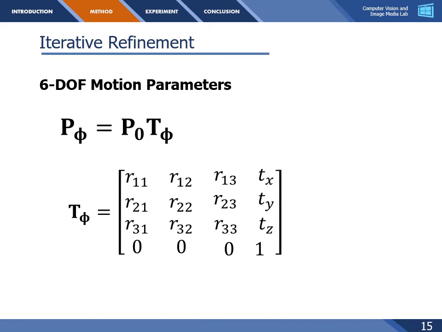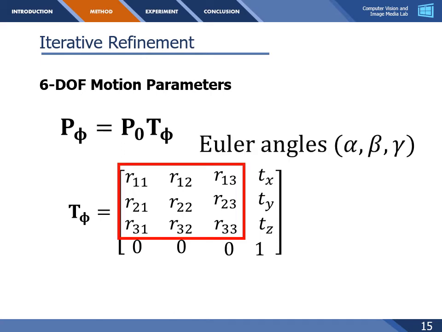The motion parameters consist of 6 degrees of freedom. T phi is the transformation matrix, which is right multiplied to the estimated projection matrix P0 to obtain the transformed projection matrix. The rotation is parameterized by Euler angles alpha, beta, and gamma.